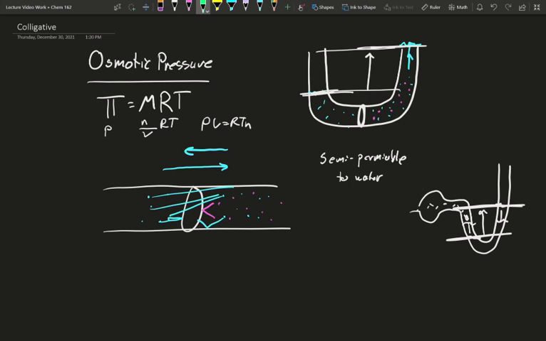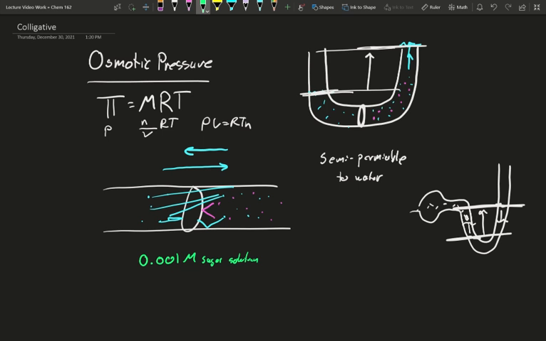So we can actually figure out how much pressure is being exerted in excess as the water tries to flow in to dilute the solution using this calculation. So let's do an experiment. Let's take a 0.001 molar just sugar solution.